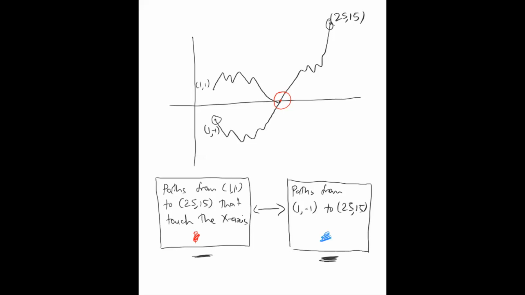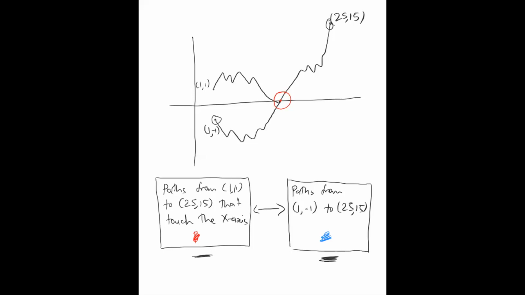So given something from the red box, we have a unique thing in the blue box that it corresponds to. We have paired it off with a particular thing from the blue box, and we've gone the other way also. So given something in the blue box, we got something in the red box. And we are doing the same thing every time. We are just reflecting across the x-axis.